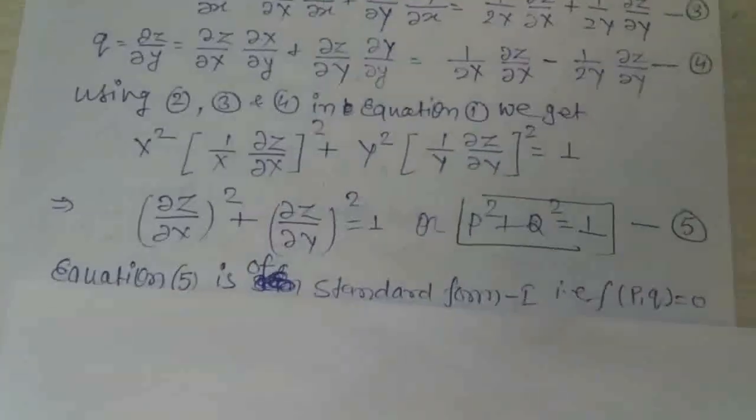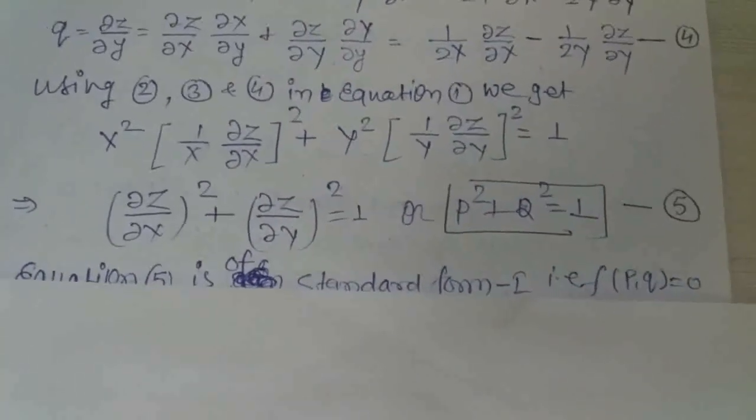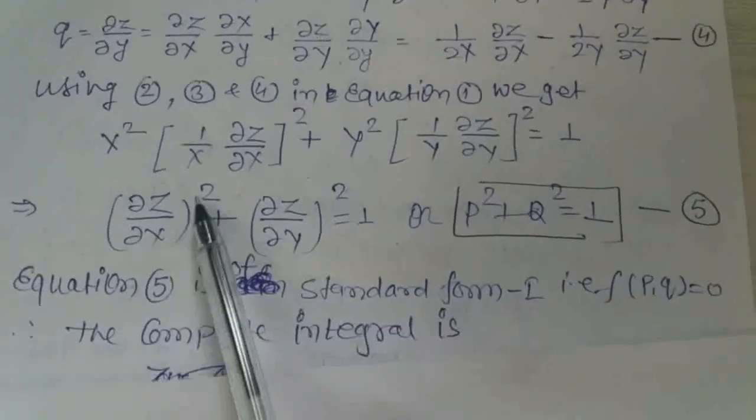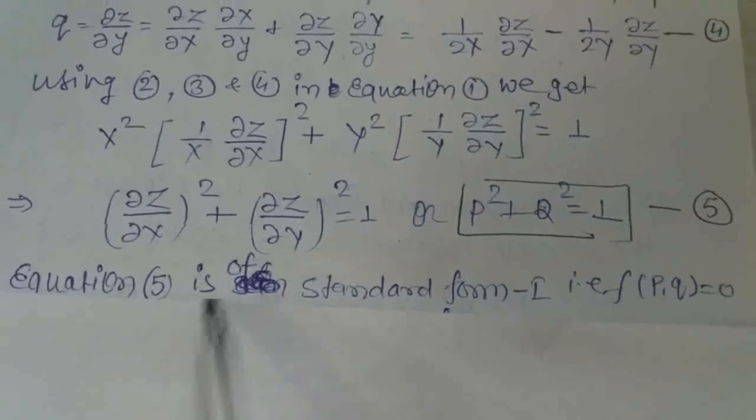Therefore, the complete integral of standard form first is Z equal to AX plus BY plus C. Here Z is small but X and Y are capital.